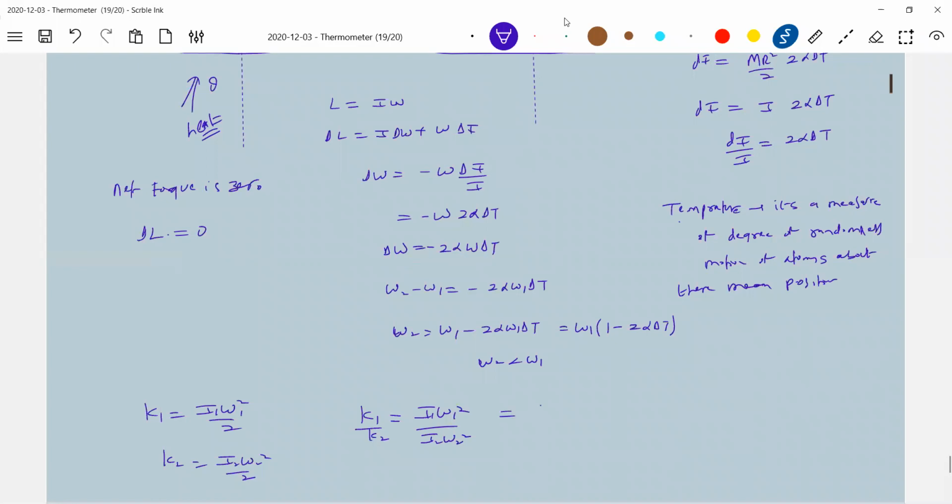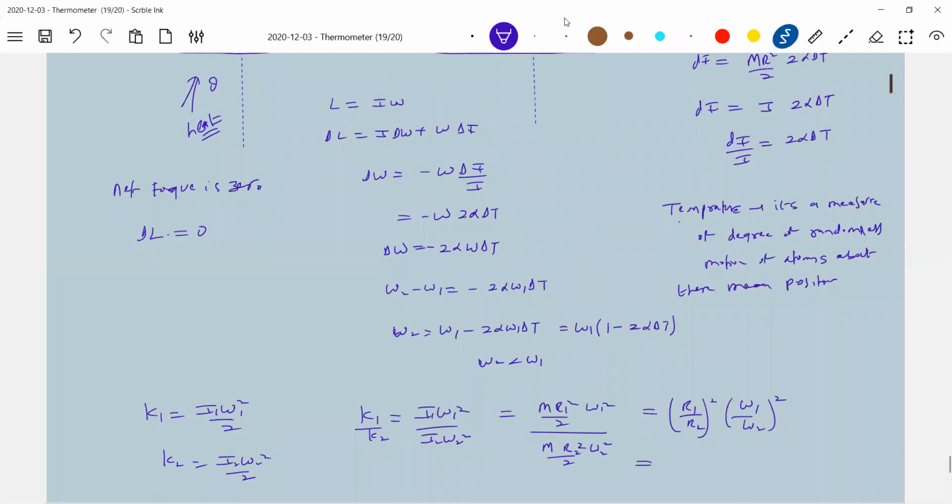What is I1? mr1 square by 2. What is I2? mr2 square by 2. So therefore this will become r1 by r2 whole square. R2 will be greater than R1.